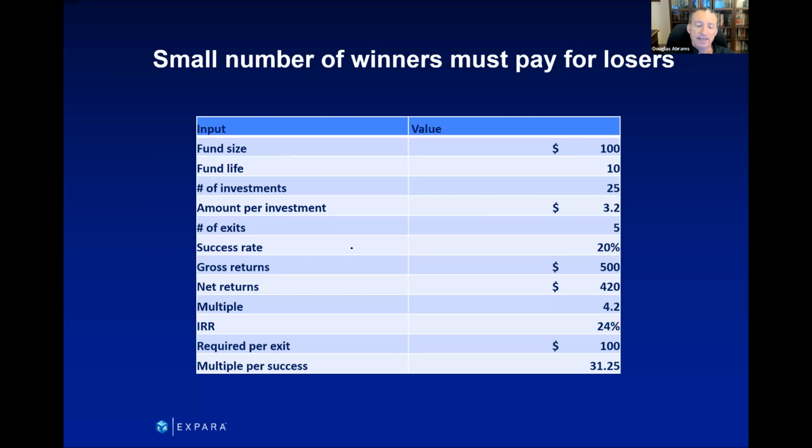So here I did a very simple model of a venture capital fund, and we don't have to go through this in detail here, but you can see that when we model the real portfolio with a real success rate and taking into account the number of exits, the size of each investment, and required return multiples, each successful company has to yield, in this case, 31.25x. So it's not just a number pulled out of the air. It's a number that comes from the real economics of venture capital funds.